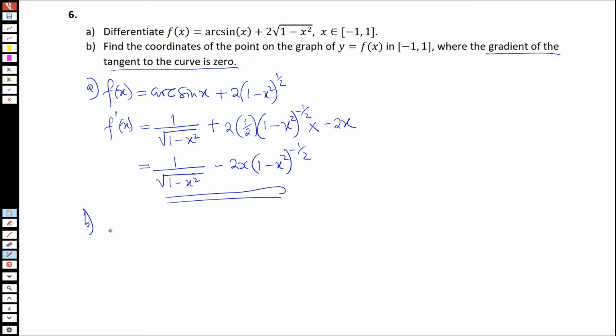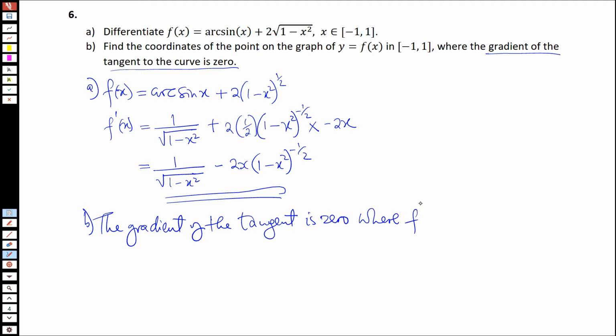I'll just write it down below here. The gradient of the tangent is 0 where the derivative of that function is equal to 0.